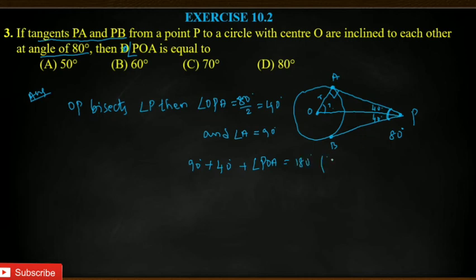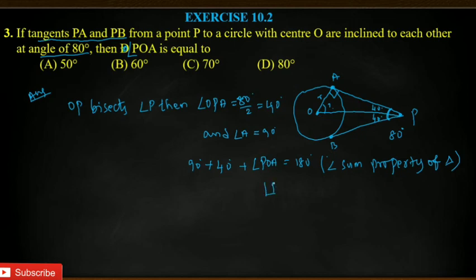Directly I am writing, this is actually the angle sum property of a triangle. This one we are using. Okay children, so why am I writing 90 plus 40? I am just using the angle sum property, in the sense we need to add all the interior angles. See here, this is 90 and this is 40, and this angle, the name I have mentioned, POA.